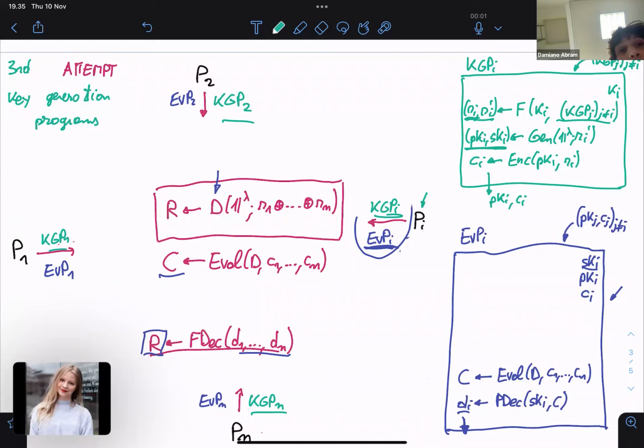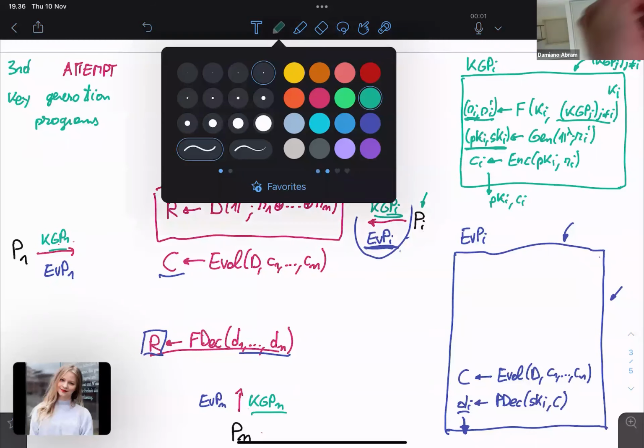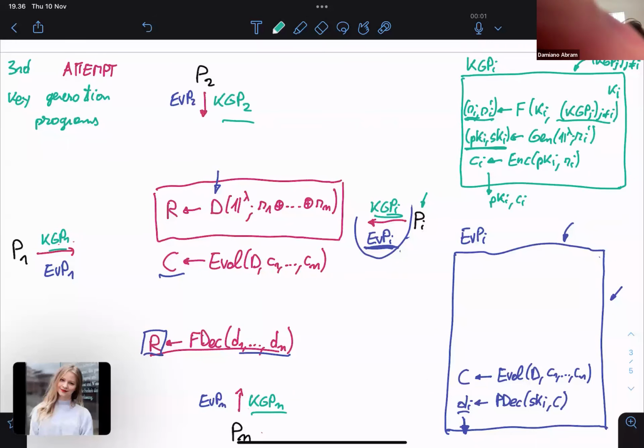Okay, since I changed the way we generate the public keys and the ciphertext, I need to modify also the evaluation program a little bit, but the ideas are the same as before. So now we hard-code the puncturable PRF key Ki and also the key generation program of party Pi.